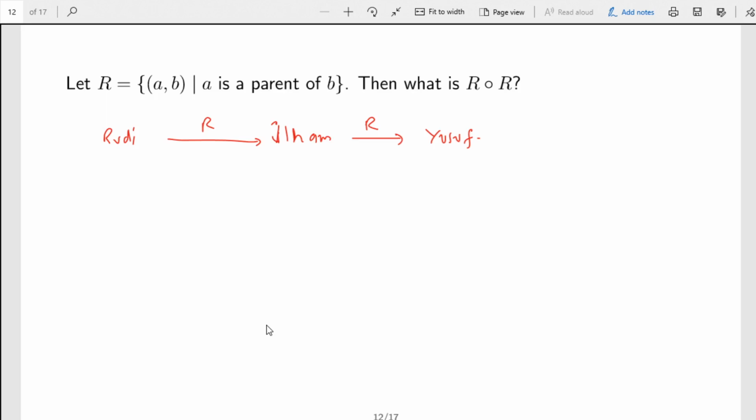Let me just write it down. So this is "is parent of", right? So what would be the relation between Rudy and Yusuf?